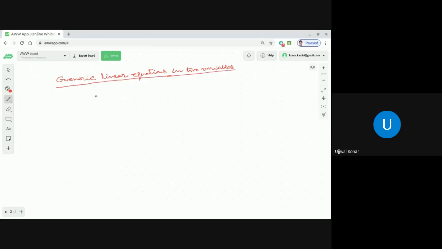So, for example, what will be a generic linear equation in two variables? Let me give you a form. If you write something like this, ax plus by plus c is equal to 0, got it?